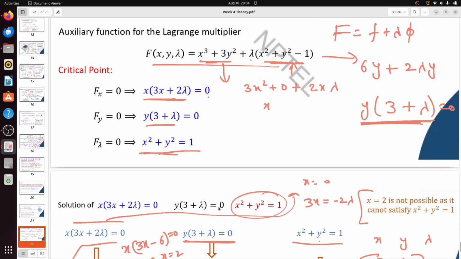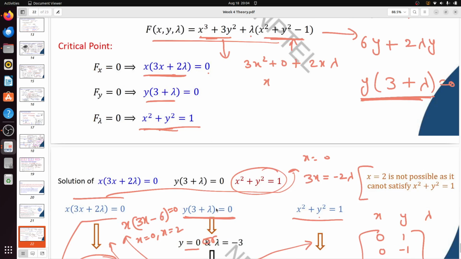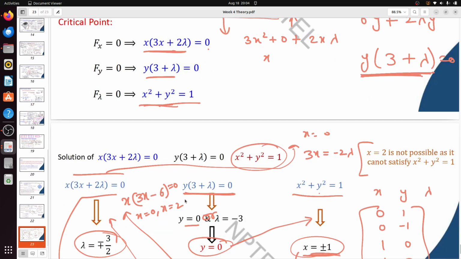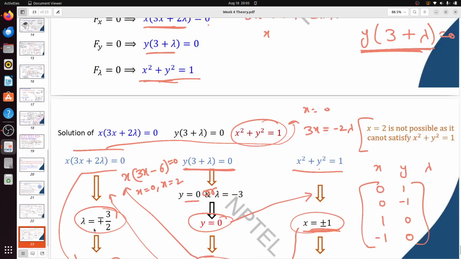If you use those conditions, x equals minus 2 lambda by 3 and lambda equal to minus 3. That is how you get the solution: y equal to 0 and lambda equal to minus 3.